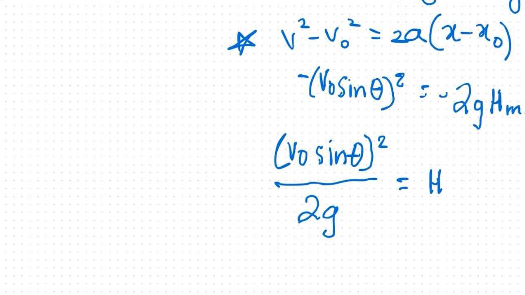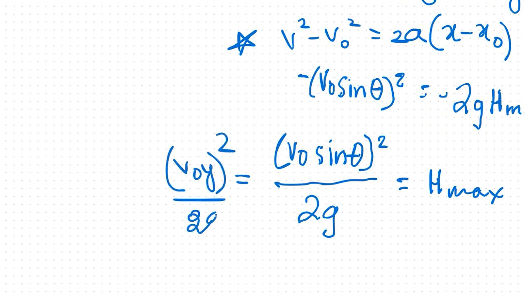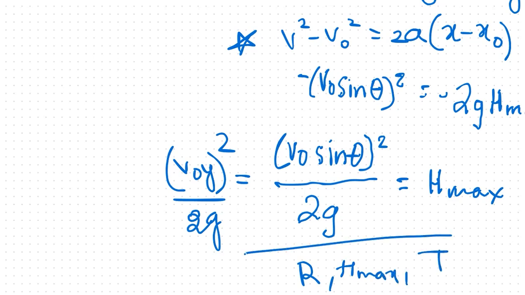H max is V naught y squared upon 2g. So these formulas are important. There are three things: range, H max, and time of flight. They are important.